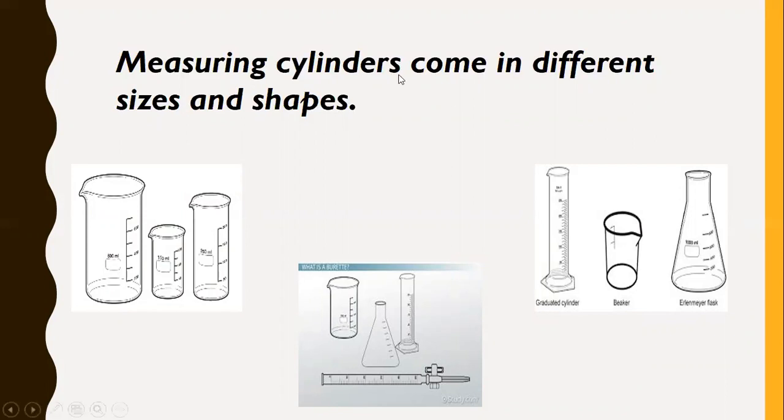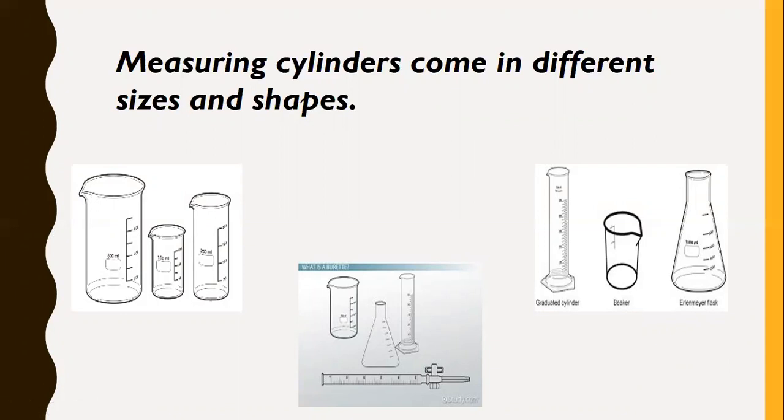You can see that all these measuring cylinders have a wide base so that they may not fall. At the top, there is a special lip so that a liquid can be poured. In all cylinders, you can see that there is a special lip. This is a lip of the cylinder through which liquid can be poured.